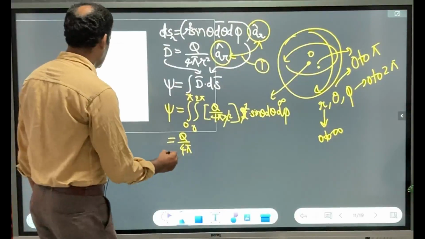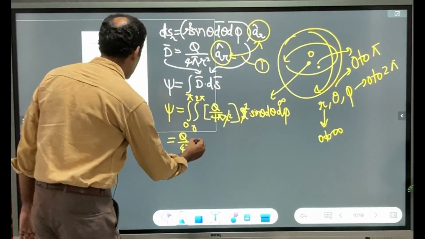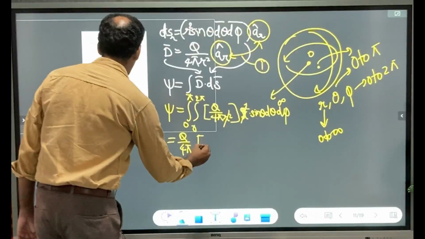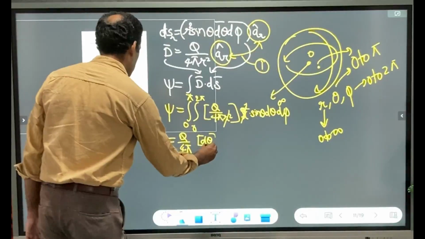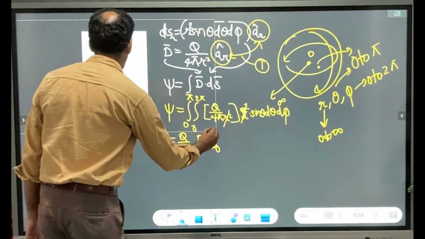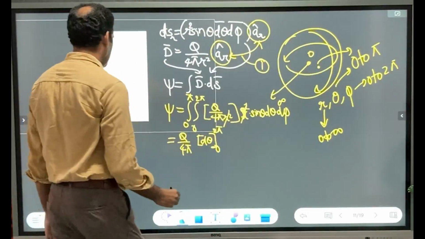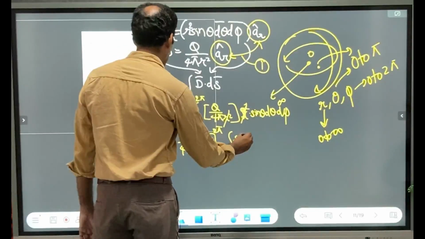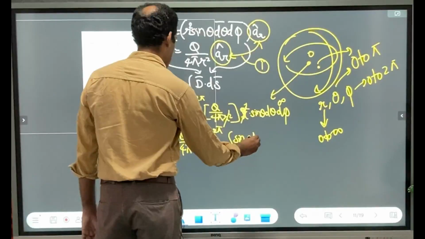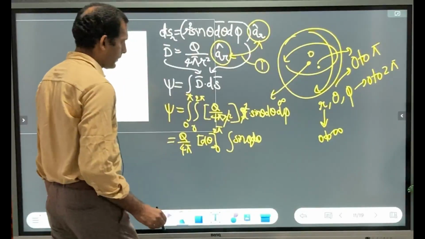So one bracket will get, say, d theta, this theta limit from 0 to 2 pi, and then we will get sine phi d phi.